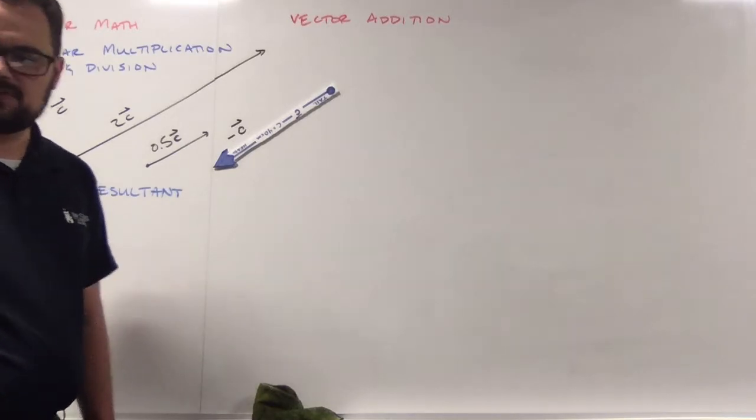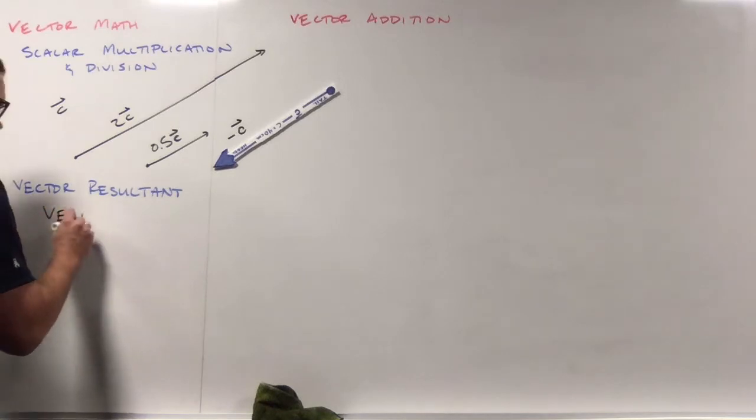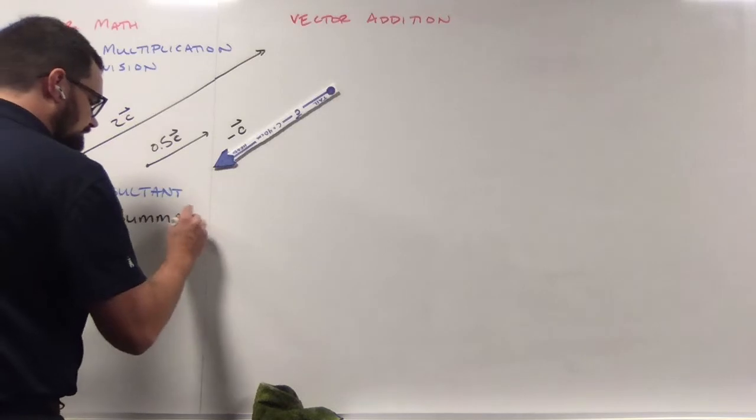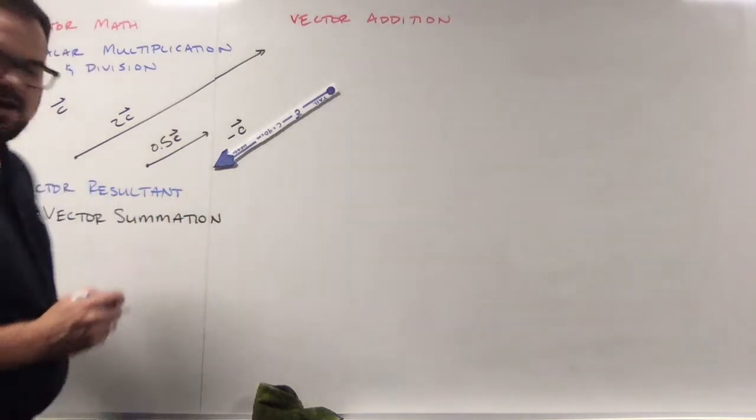Now, the next concept we want to talk about is one called a resultant of a system of vectors. And so this is going to be the vector summation, and summation is just a fancy word for addition, of a set of vectors.